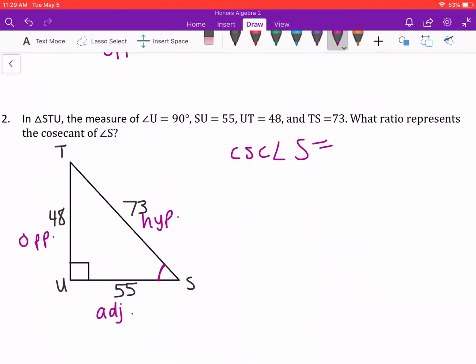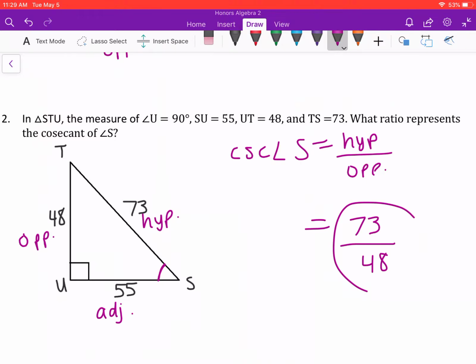So we need hypotenuse over opposite. We said that our hypotenuse is 73, and our opposite is 48. So our answer for this is going to be 73 over 48. You can't reduce that fraction, so that is our ratio representing the cosecant of angle S.